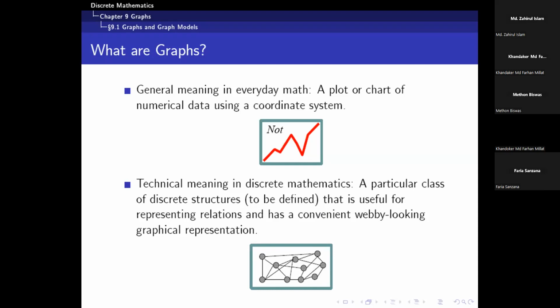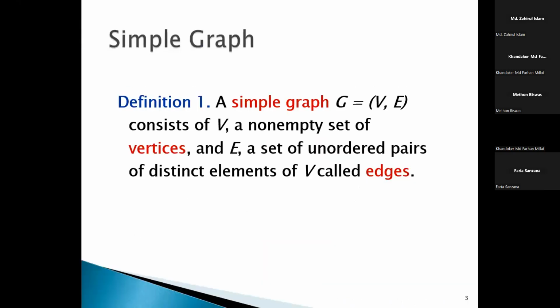But what would we like to represent with the graph? Normally, a simple graph is a function G equal to (V, E), where V is a non-empty set of vertices, and E is called the edge, which is basically the joining line or straight line between two vertices or two nodes.